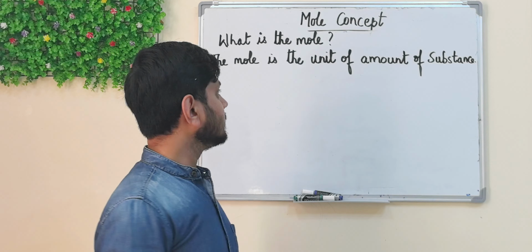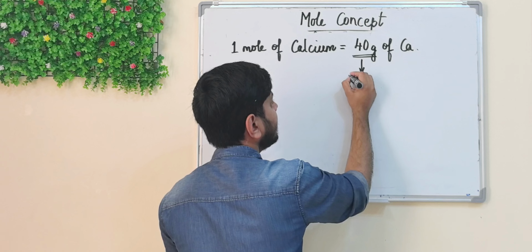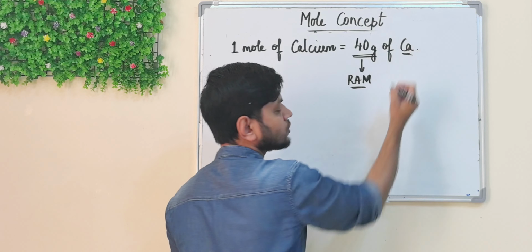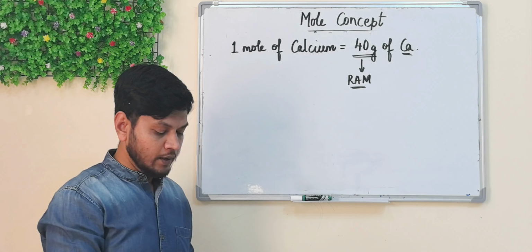So that means 40 grams is the relative atomic mass of calcium. So if you look into the periodic table, you will find out that each calcium weighs around 40 units, which can be converted into 40 grams. So 40 grams of calcium will have 1 mole of calcium.